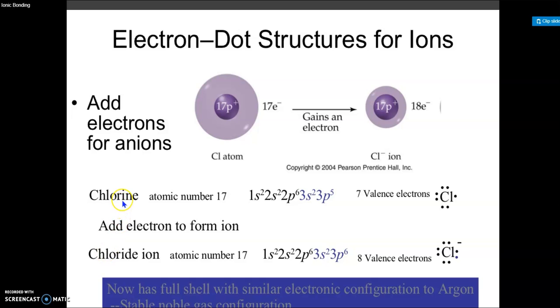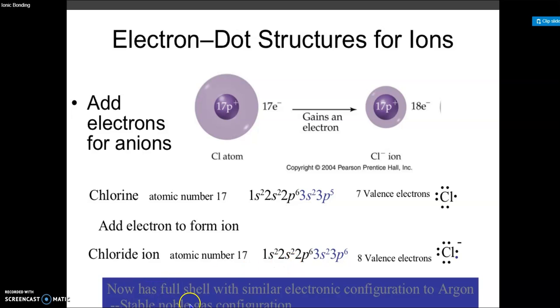Chlorine is converted into chloride ion, atomic number still 17, but the number of electrons changes. 1s2, 2s2, 2p6 are the inner shells. The valence shell 3s2, 3p6, 6 plus 2, is 8 electrons, the fulfillment of the octet requirement.